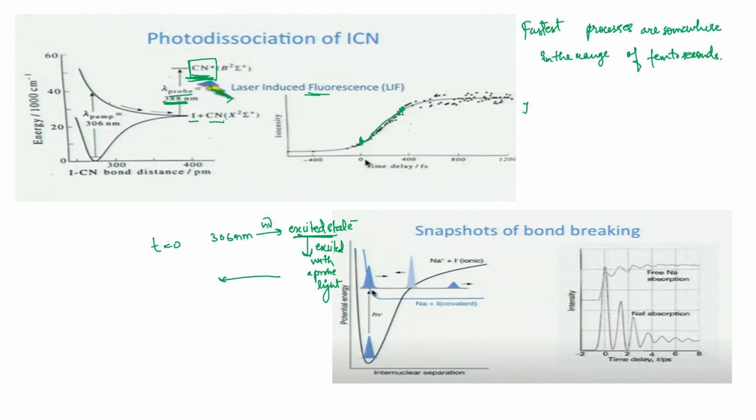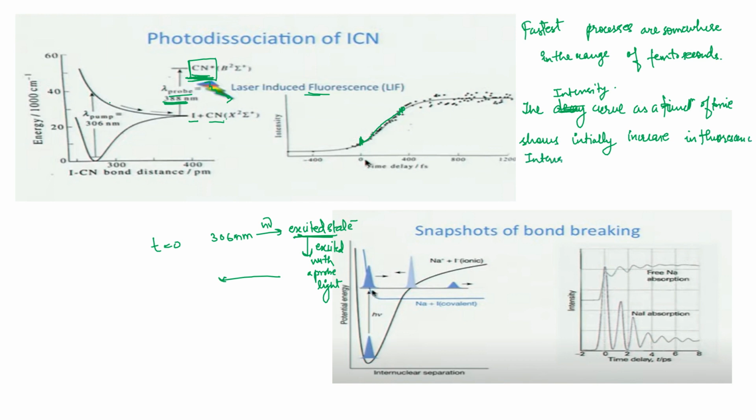So, overall, the intensity curve as a function of time shows an initial increase in fluorescence intensity, which then becomes constant.